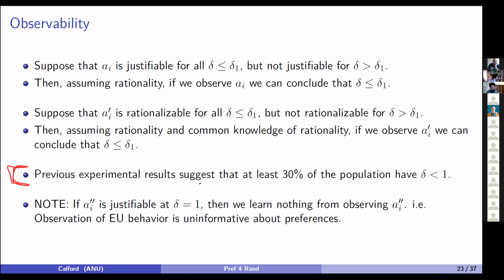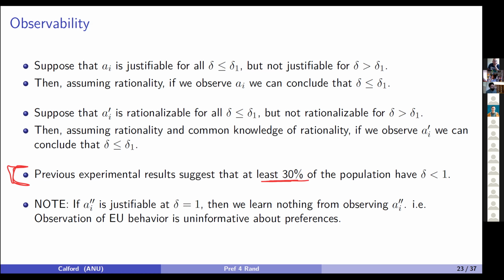One thing that comes from this is a lower bound on the number of people who have a delta less than 1, because if a strategy is justifiable at delta equals 1, then I don't learn anything from observing you play that strategy. Observing behavior that is consistent with expected utility doesn't tell me anything about your preference.